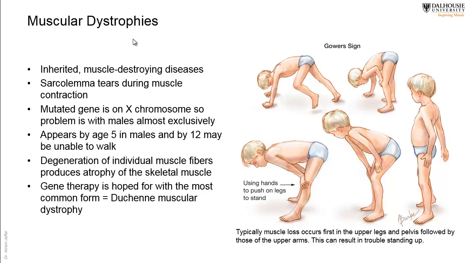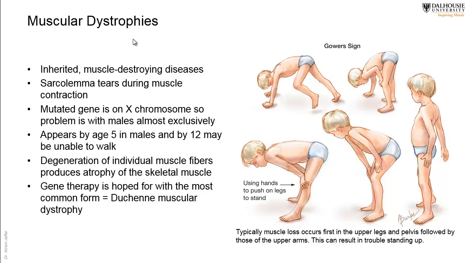that's why it appears in the male. And usually it appears in young people between the age of 5 and 12 years. In muscular dystrophies, for example, the Duchenne muscular dystrophy, the sarcolemma, which is the plasma membrane, is easily torn during muscle contraction.